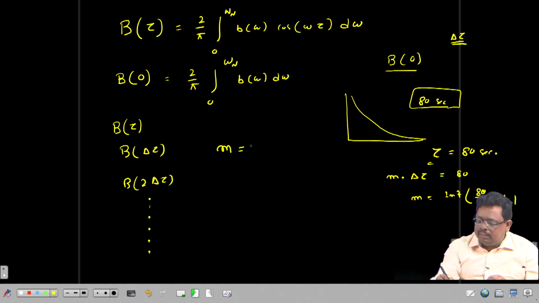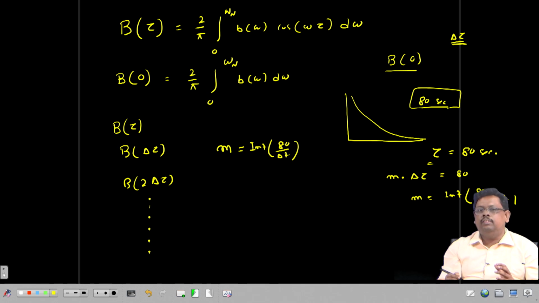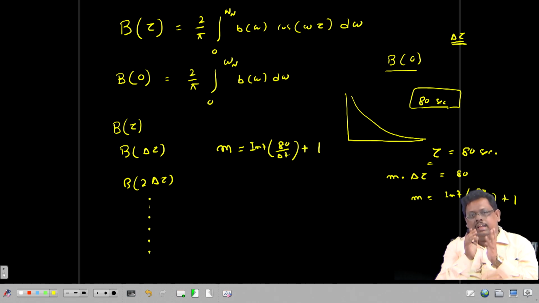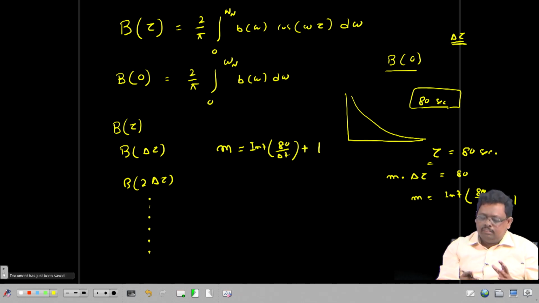So it should be some integral value. I divide 80 by delta t; it could be real, it could be an integer. Sometimes it is divisible by 80, then it is an integer, otherwise it is a fraction. So just to make it an integer, I simply choose my m that way. So the second thing we have also completed.